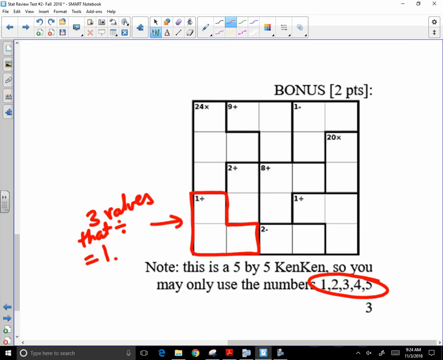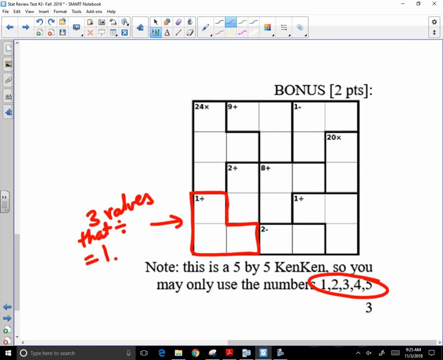But you also have to bear in mind that sometimes eliminating numbers from possibilities is also going to be a useful thing to do. So for example, in the 24 multiplication area, I need 4 values that multiply to equal 24 from the set of 1, 2, 3, 4, and 5. Which number would not make sense? 5, right?